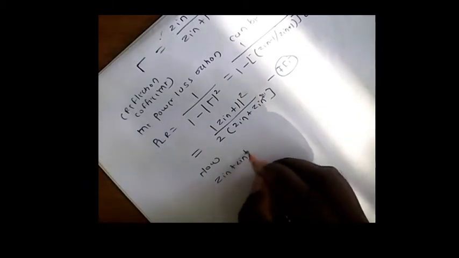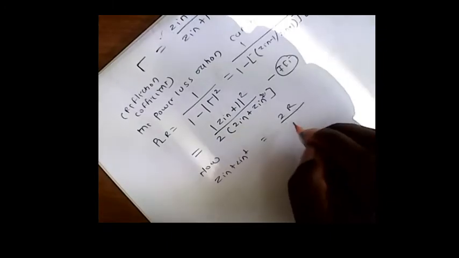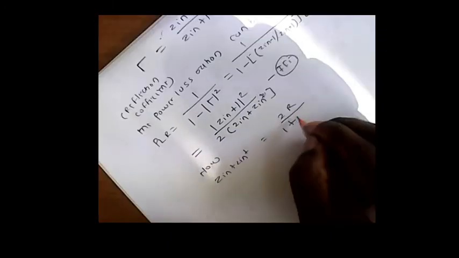Now we know that Zin plus Zin complex conjugate is 2 times the real part, a real number, with 1 plus omega square R square C square in the denominator.